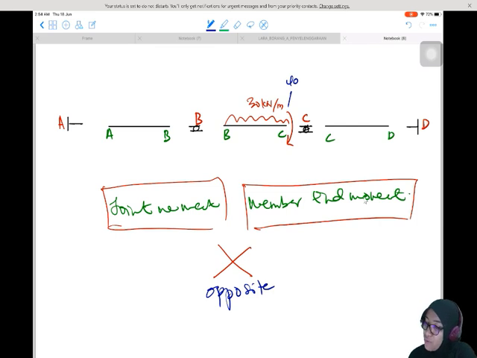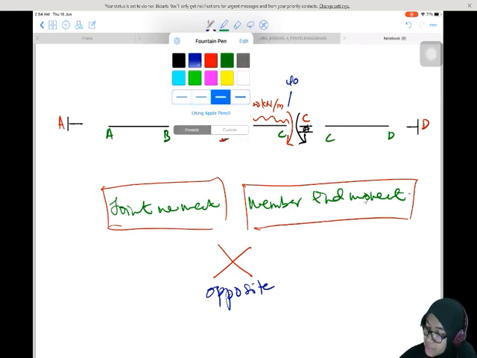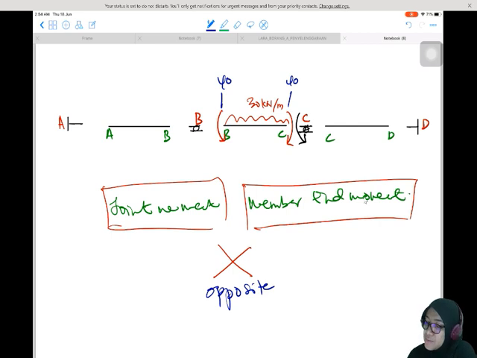Okay, it means that for C, the joint moment is opposite with the member end moment. So it is equal to this. Same goes to here. Here also like this. This one is 40. Opposite with that is here.